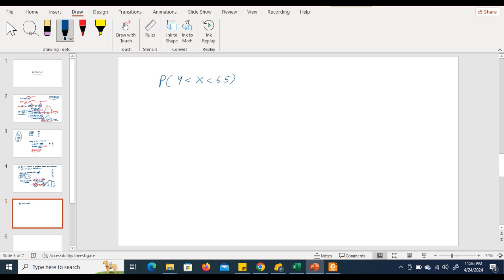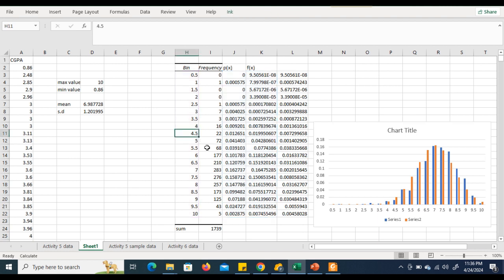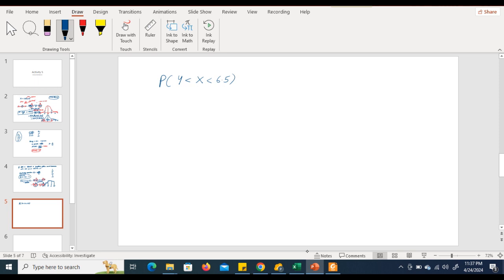There are two ways. One is, if the actual data is present, then with the help of the data only we can see the values greater than 4 but less than 6.5. Greater than 4 means 4.5, and less than 6.5 means 6 only.